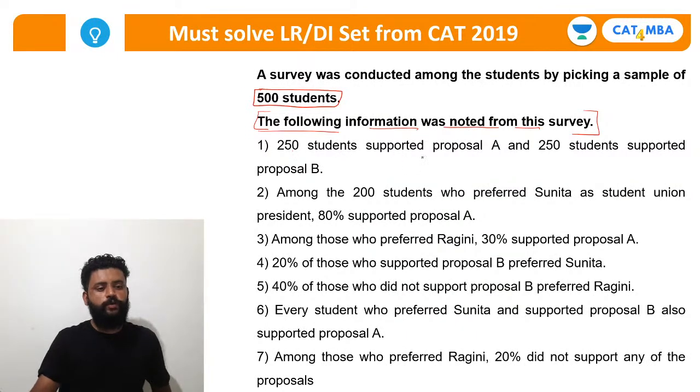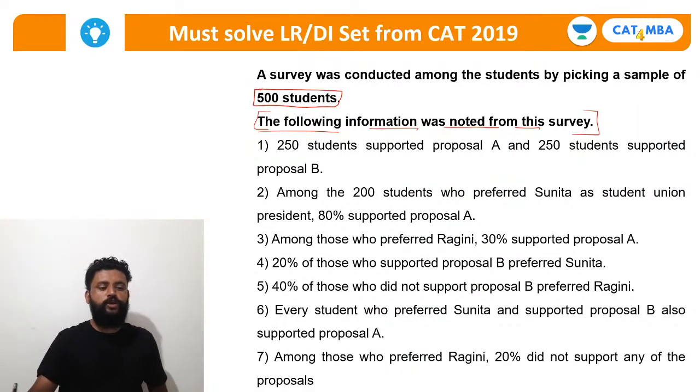250 students supported proposal A, 250 students supported proposal B. Then among the 200 students who preferred Sunita as student union president, 80% supported proposal A. Among those who preferred Ragini, 30% supported proposal A. 20% of those who supported proposal B preferred Sunita.